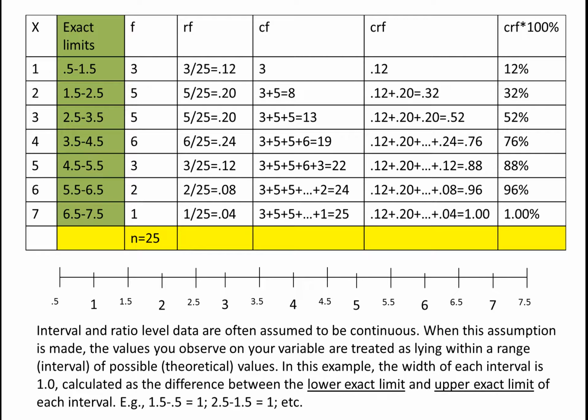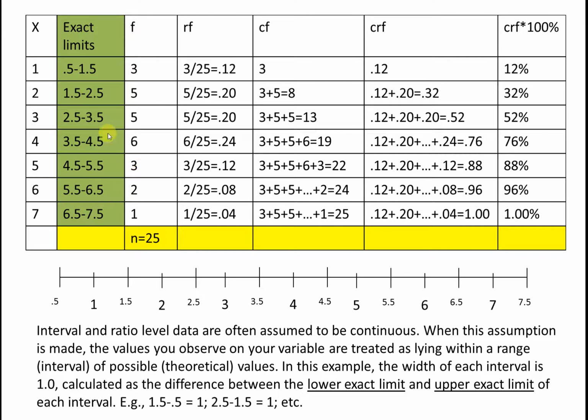So getting back to the notion of assuming interval and ratio level variables as being continuous, when you make this assumption, then we invoke the concept of exact limits. The basic idea when you're assuming that your data are continuous is that the values on X that you observe in your data are placeholders for an underlying continuity.